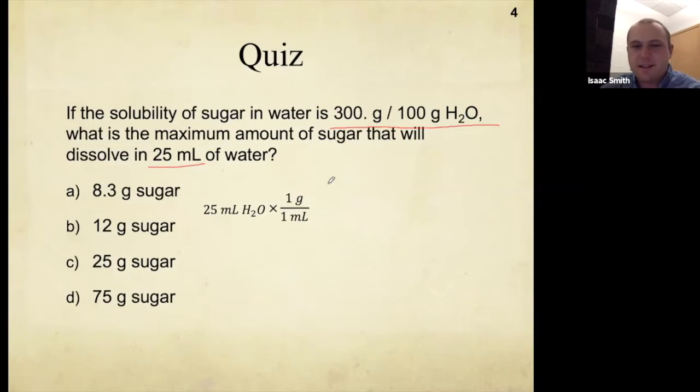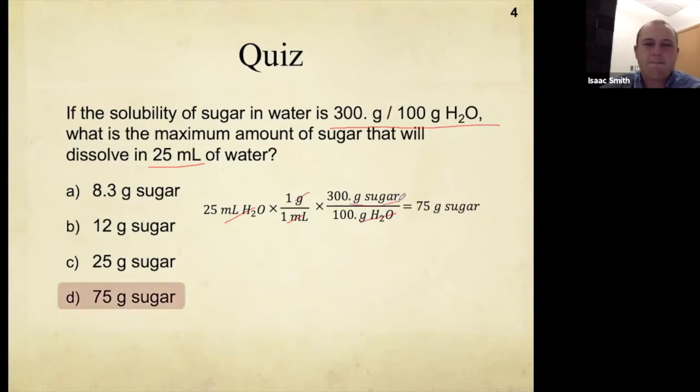So again, the density for water is just 1 gram per 1 milliliter. And then now our milliliters can cancel, our grams can cancel, and we're left with grams of sugar for our answer, okay? So hopefully you can connect these with other conversion factors. It's really just a conversion factor and you're throwing it in there and matching up units.